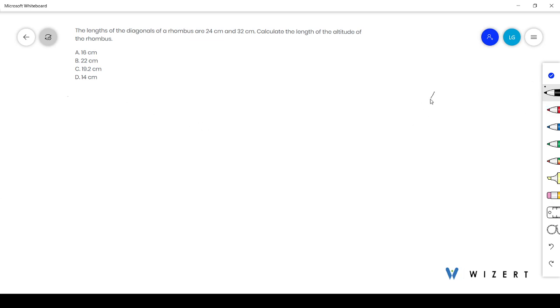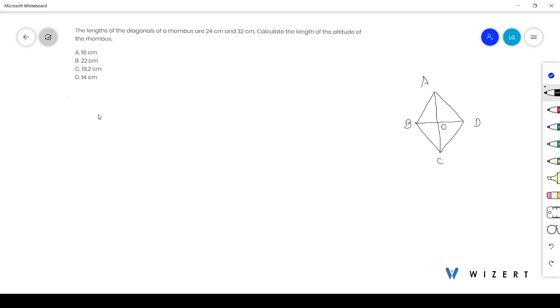Let A, B, C, D be the rhombus, and O be the intersecting point.